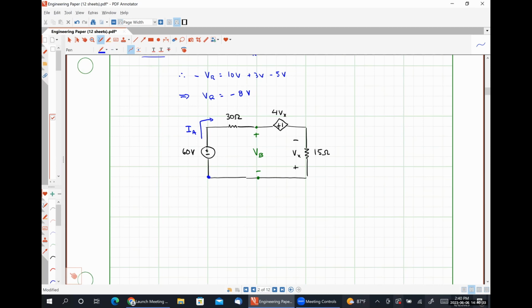So if I write my KVL equation for this circuit, what should my first term be? Negative 60 volts. Negative 60 volts, absolutely correct, because we see the negative polarity terminal first. So now we have a little bit of a problem, because we weren't given the polarity of the voltage drop across the 30 ohm resistor.